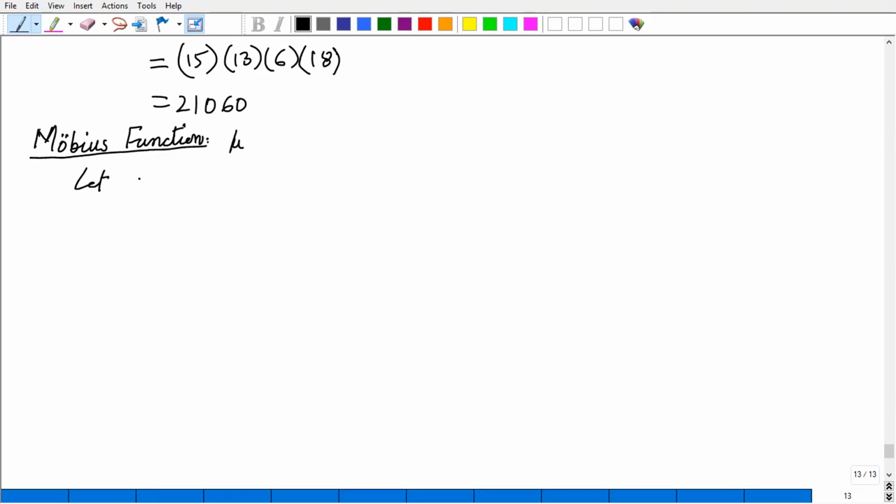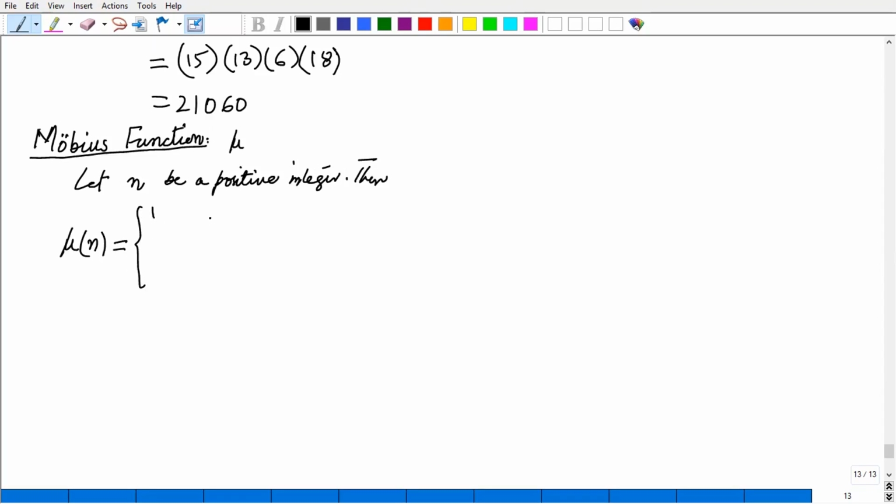Let n be a positive integer. Then the Mobius function on n can be defined by using a piecewise function.